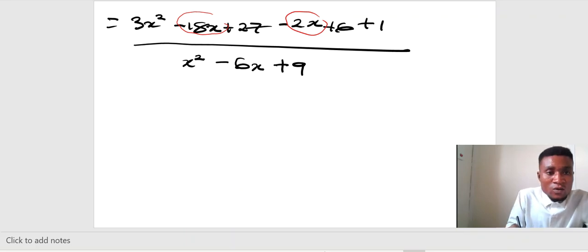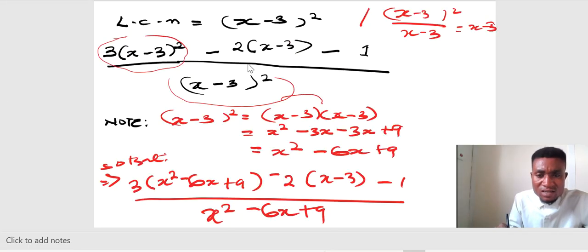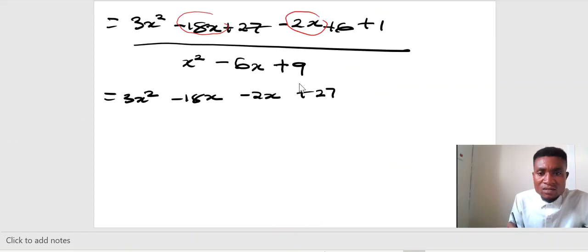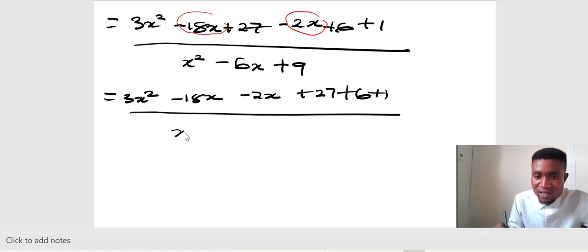So we have 3x squared minus 18x minus 2x plus 27 plus 6 plus 1, divided by x squared minus 6x plus 9.